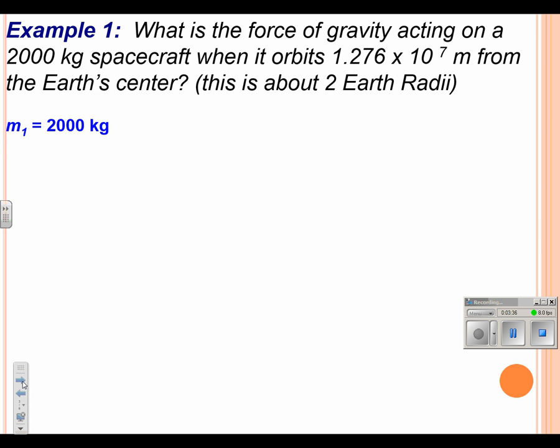We also need the mass of the Earth, which is 5.98 times 10 to the 24th kilograms. And then we need this radius value. It's not the radius of the Earth, it's just how far the spacecraft is from the Earth's center. I don't really like that variable being listed like that.